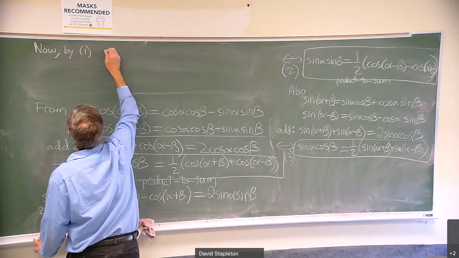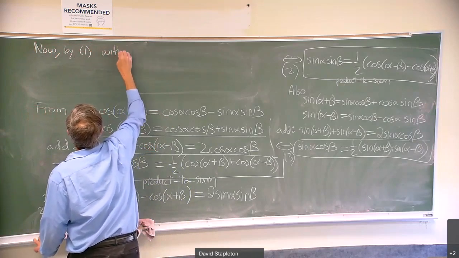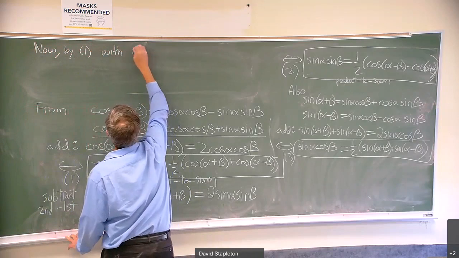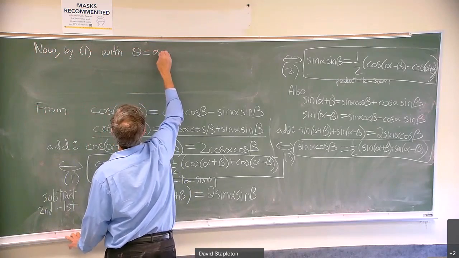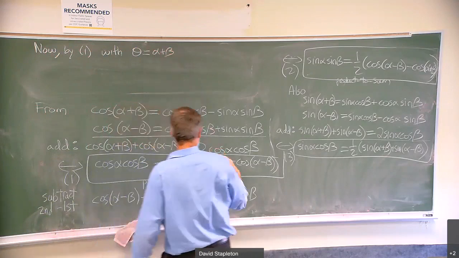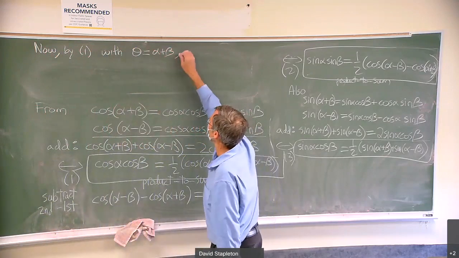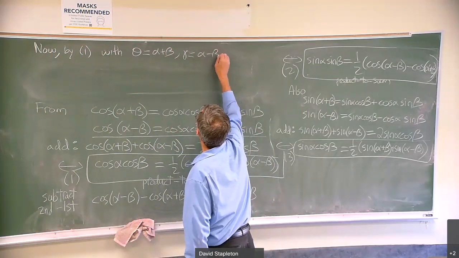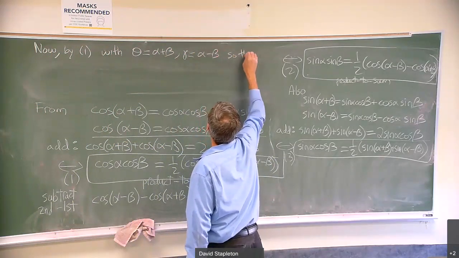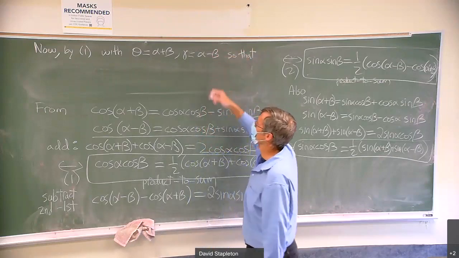If I'm substituting, letting theta equal alpha plus beta, the thing I see in this cosine, and let gamma be alpha minus beta, what I see in the other cosine. That gives theta and gamma in terms of alpha and beta.